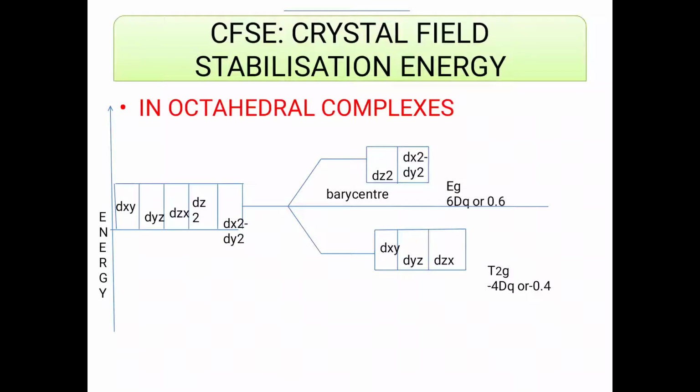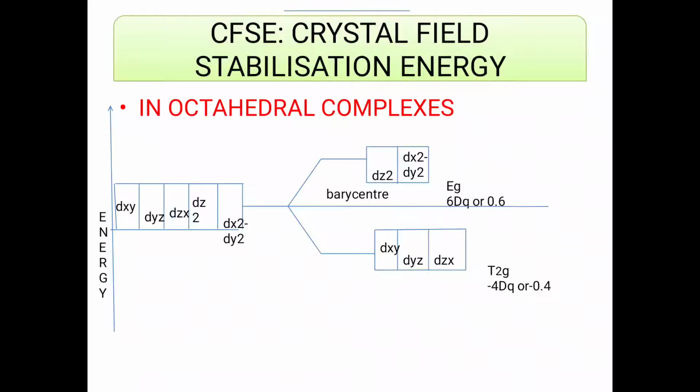So these 5 orbitals split into 2 depending on the type of ligands, that is whether they are strong field and weak field, and the strength of the ligands decides the intensity of splitting. Like if you have a strong field ligand, they will split to a larger extent. If it is a weak field ligand, it will split to a smaller extent.